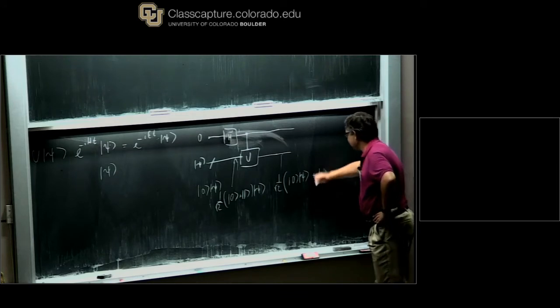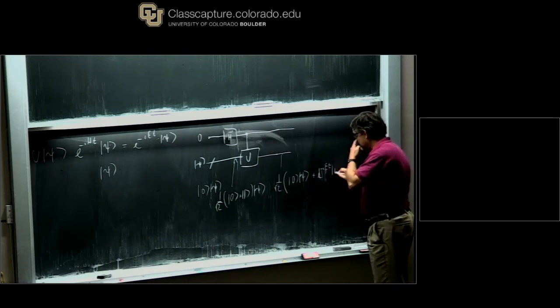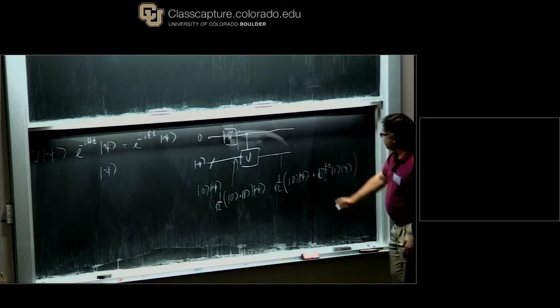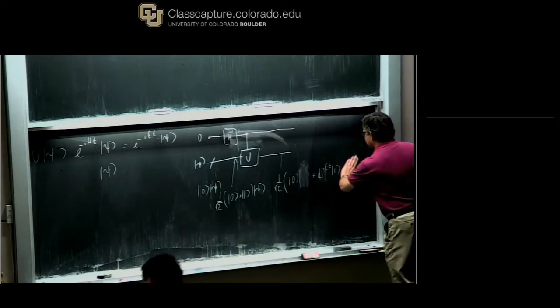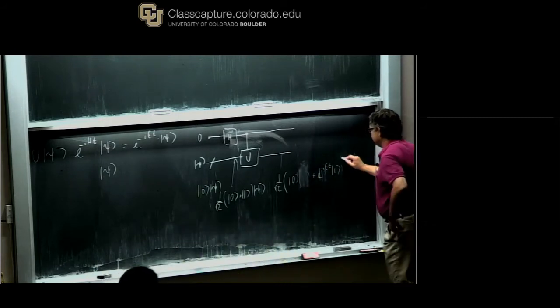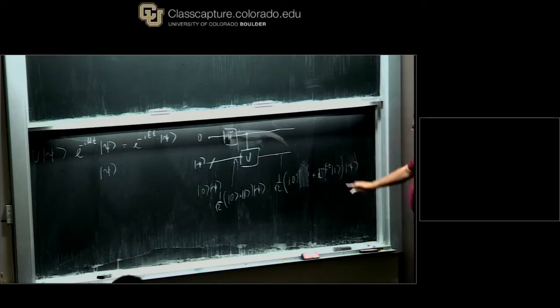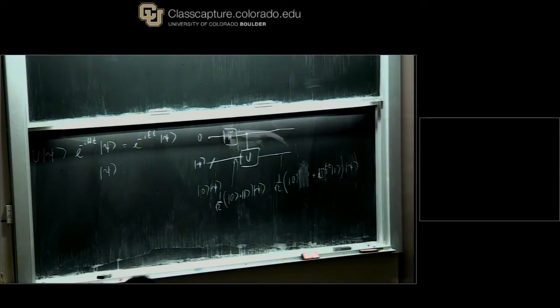So here I get an exponential of minus i E t times 1 and psi. And if I move the psi again out of the bracket, then I have 0 plus exponential of minus i E t times 1 times psi. So if I now measure that qubit, I can extract from that the phase.